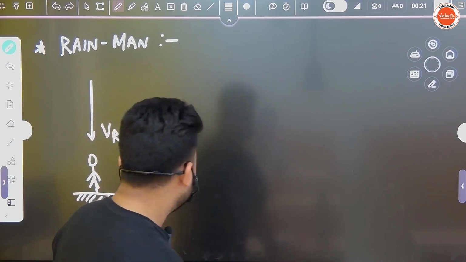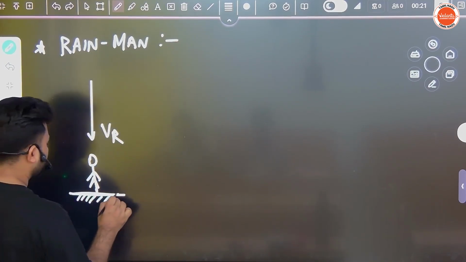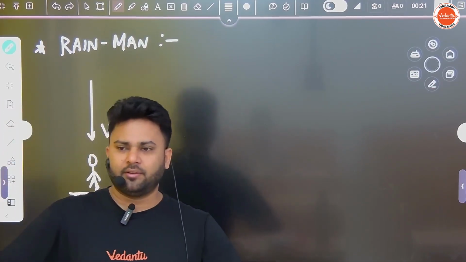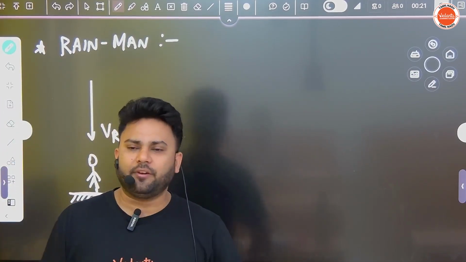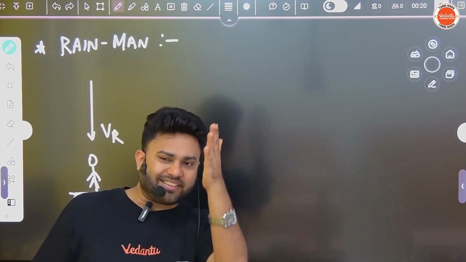Correct? Now what do you do? You start running, or you start your bike and you move with high velocity. Now what you will feel? The rain comes to you a little bit slant.